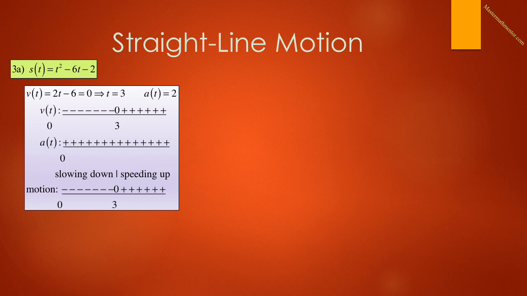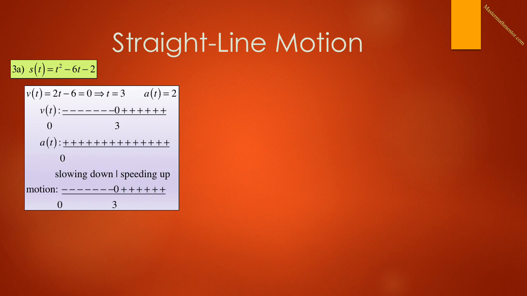We start by taking the velocity and setting it equal to 0. 2t minus 6 equals 0 and t equals 3. That represents the time that the particle is stopped. So we now make a sign chart starting with t equals 0 and t equals 3.